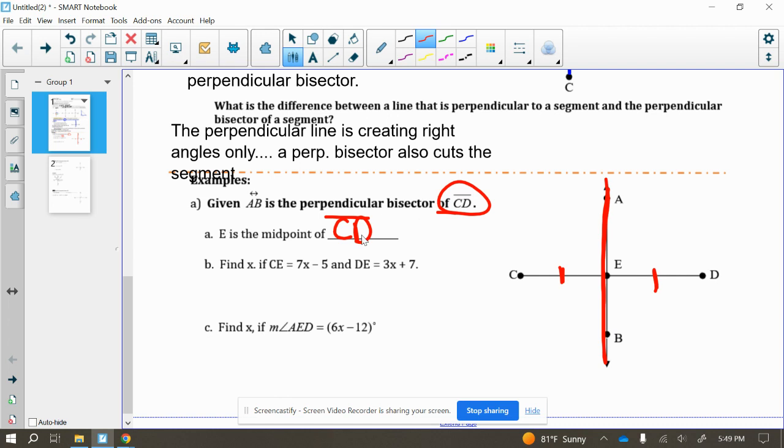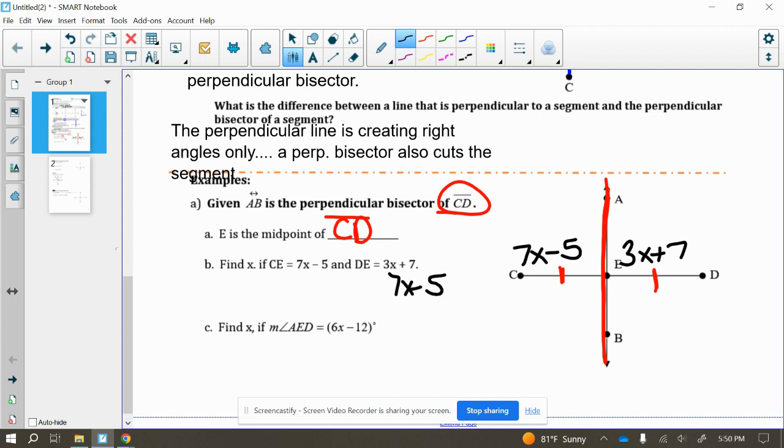So we're going to mark our two congruent segments. Now, going back to what we talked about previously then, C to E and D to E must be equal to each other if we know that this point E is a midpoint, and we're allowed to assume that from that given information of perpendicular bisector.